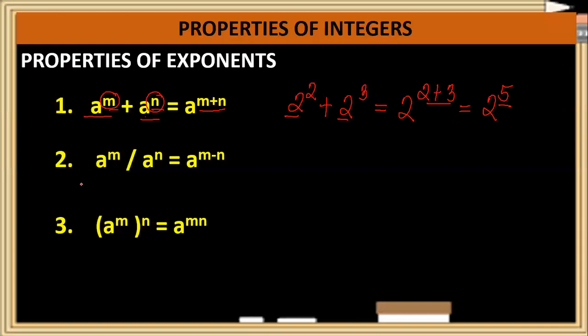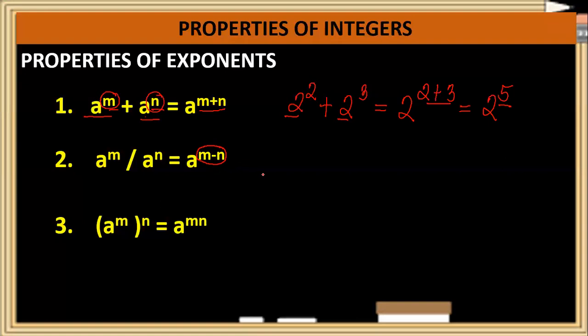The second rule is what we call the quotient rule. The quotient is A raised to exponent m divided by A with an exponent n. Instead of addition, it's the opposite, it becomes subtraction. We subtract the exponents.